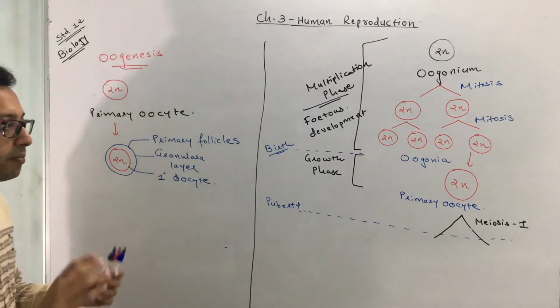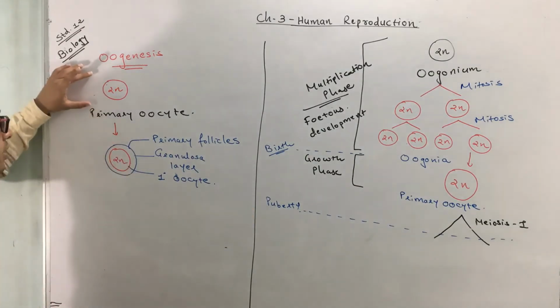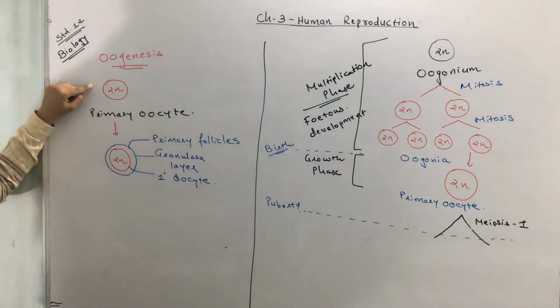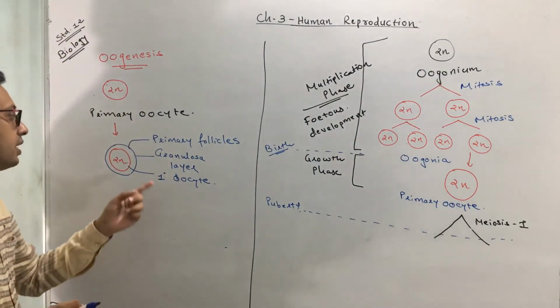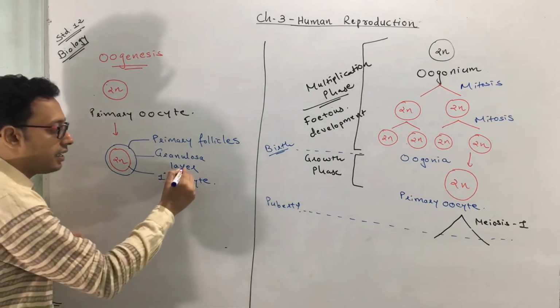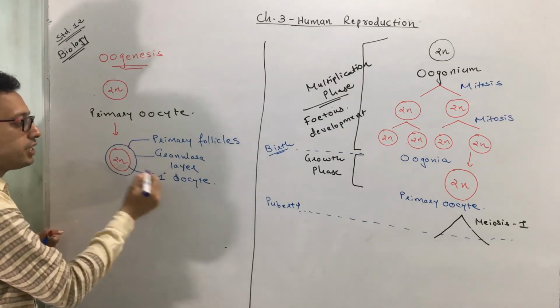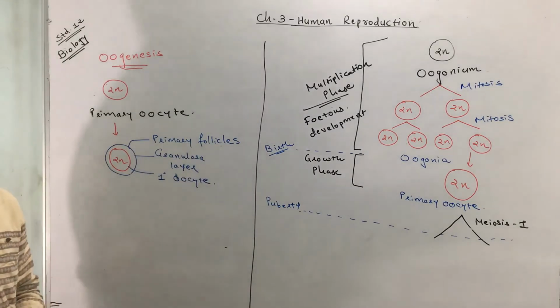So what changes take place in the primary oocyte? I repeat: surrounding this primary oocyte, there is a development of a granulosa layer. This granulosa layer surrounding a primary oocyte is called the primary follicle.